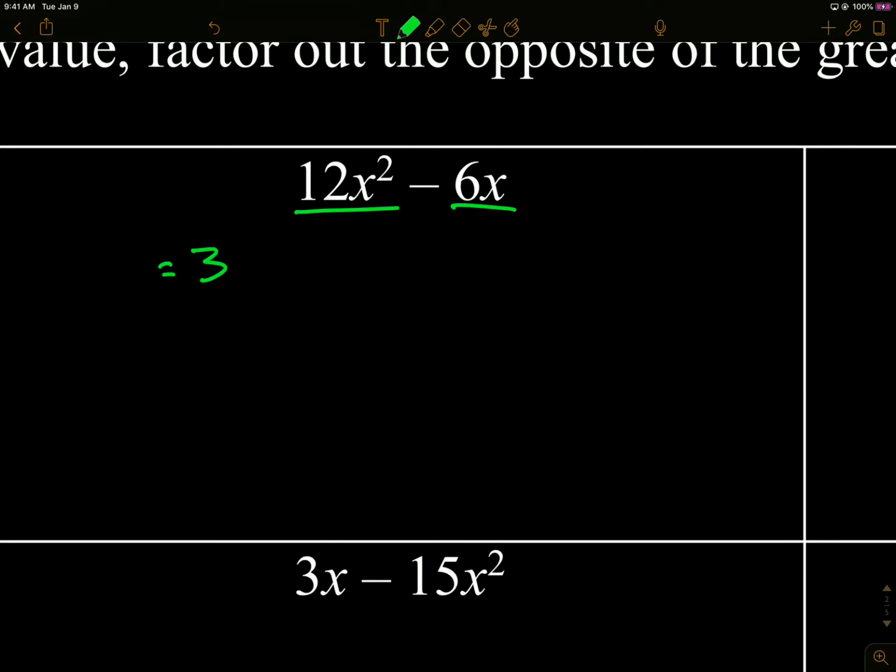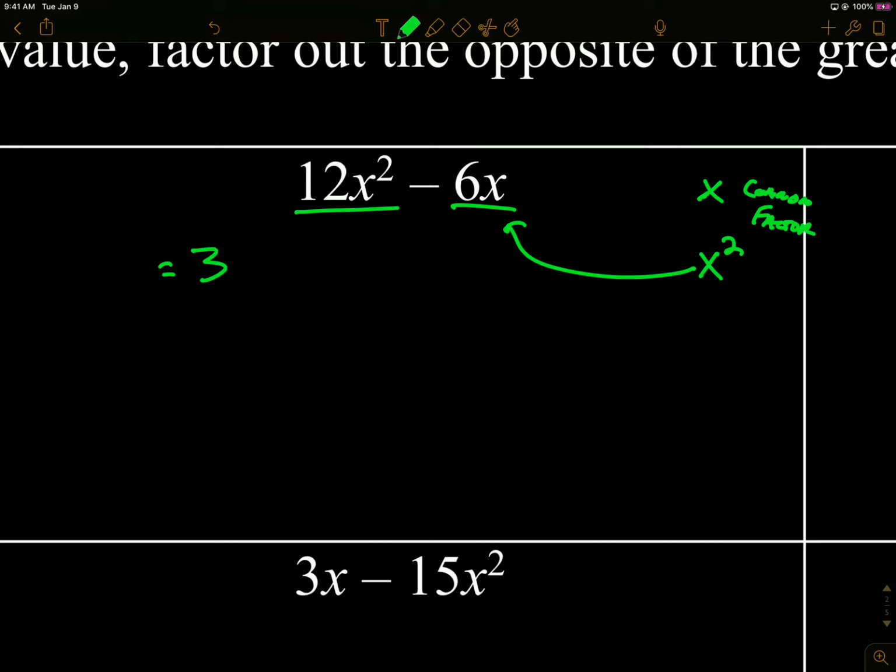And then between x squared and x, well, the factor they have in common is x, and that's the only one. I can divide x into x squared because there's 2 of them for me to divide one out. And I can divide x into x because there's 1 to divide out. I cannot divide 2 x's out of that one.